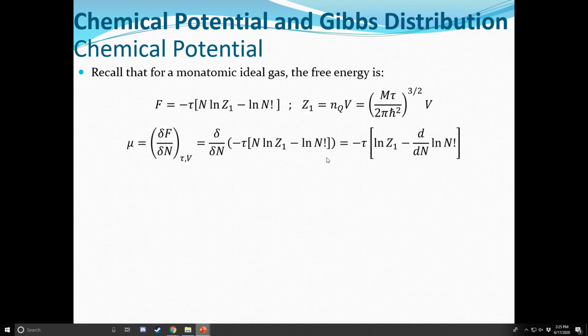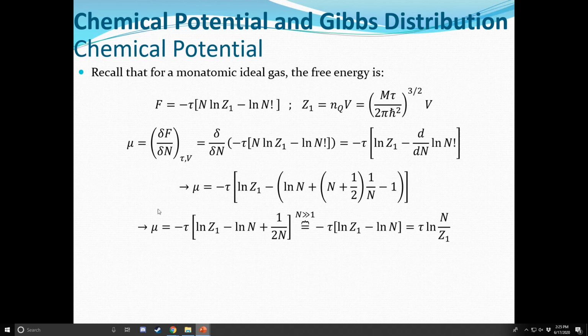But this one we're going to have to pull out a Stirling approximation. Take the Stirling approximation and take the partial derivative of it to get this. And then simplify, move some things around. What we're going to say is N is much greater than 1, so this entire term is going to end up dropping out.